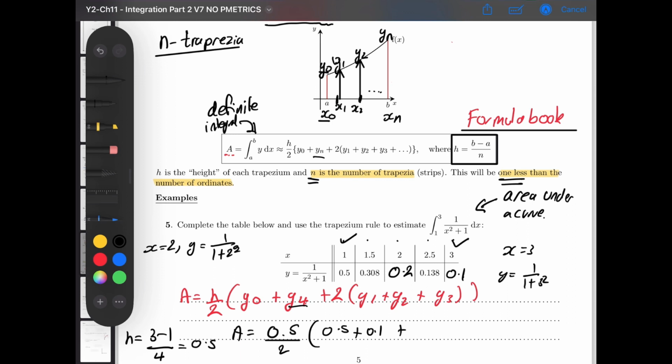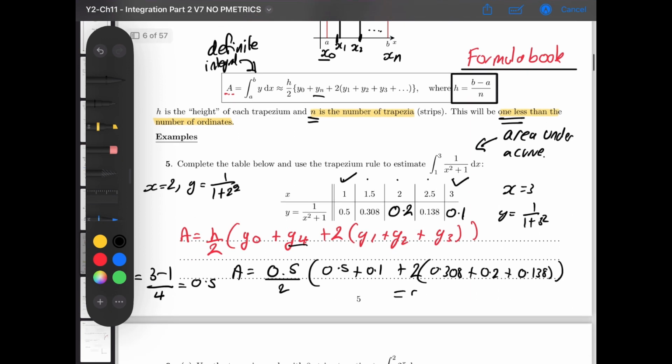And then times all the middle ordinates by 2, which equals 0.473. Which is the same answer we got in our previous video, but the formula speeds up the calculation.